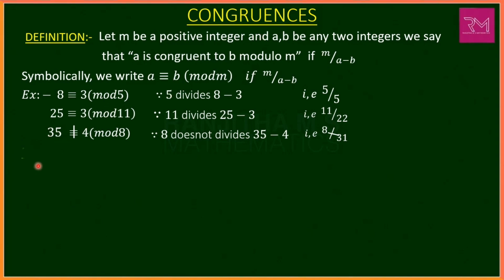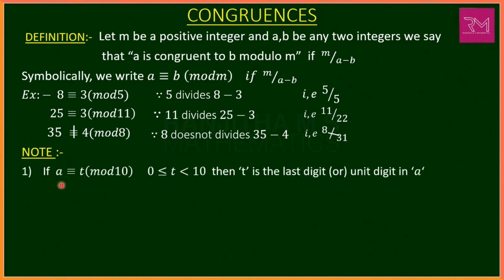Next, we shall see some important notes on congruences. First, if A is congruent to t mod 10, where t is greater than or equal to 0 and t is less than 10, then we can take this t as the last digit or unit digit of A. This is a very important concept. They will ask in examinations to find the last digit or unit digit of some value.